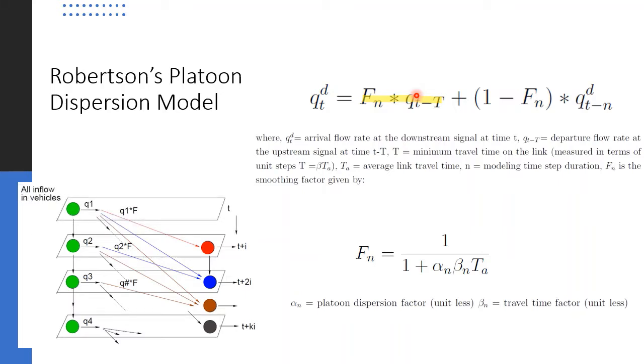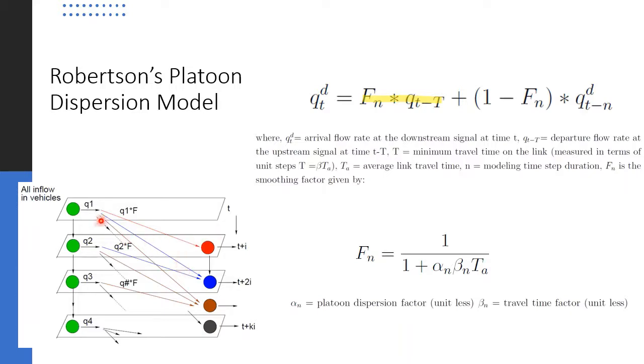This graphical representation of the model is given here. It clearly shows that the predicted flow rate at any time step is a linear combination of the original Platoon flow rate in the corresponding time and the flow rate of the predicted Platoon in the previous time step immediately preceding it. Since the dispersion model gives the downstream flow at a given time interval, the model needs to be applied recursively to predict the flow.